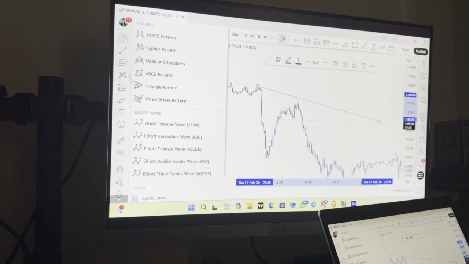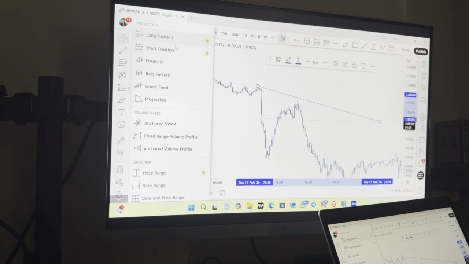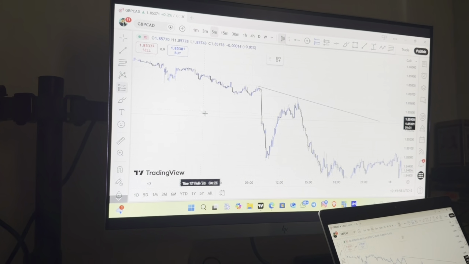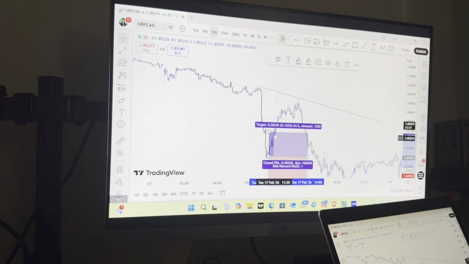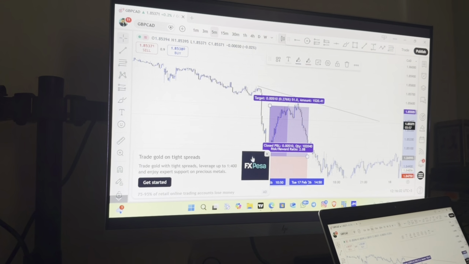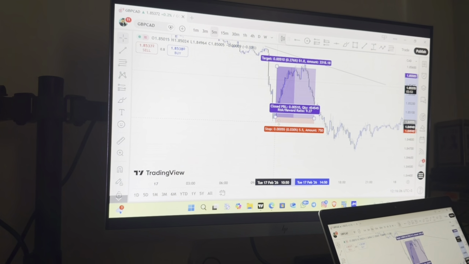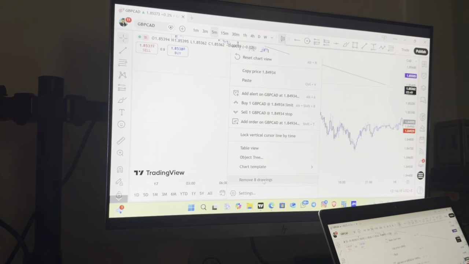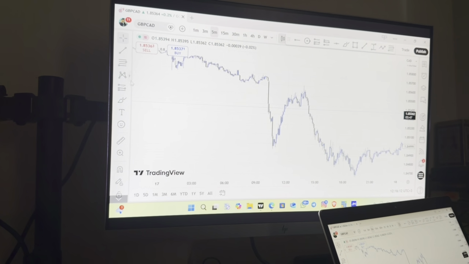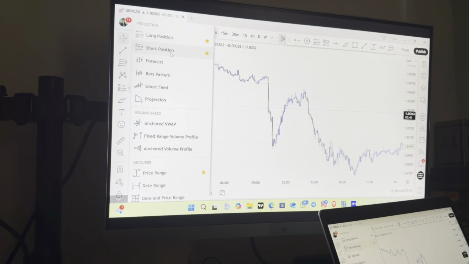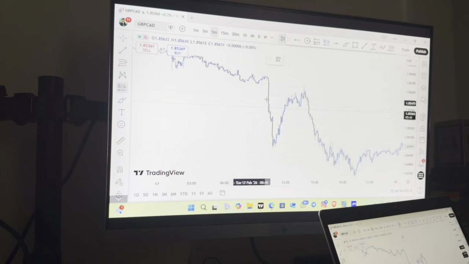Another major thing here, you have long position and short position. For example, if you're buying, you place your long position, then adjust it to the place you want. Stop loss, the same thing. If you're buying, we use the long position. And if you're selling, come here to use short.